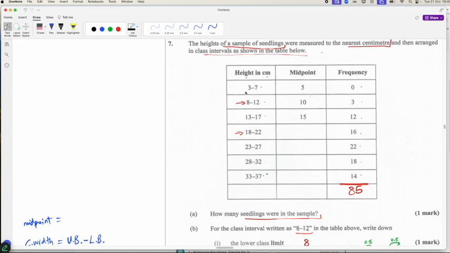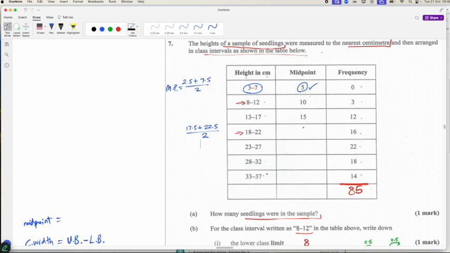If I use my boundaries, the midpoint is 2.5 plus 7.5 divided by 2. I will get 5. I'm just checking to see if I get 5. So for this one, the lower boundary is 17.5 plus the upper boundary 22.5, divided by 2.